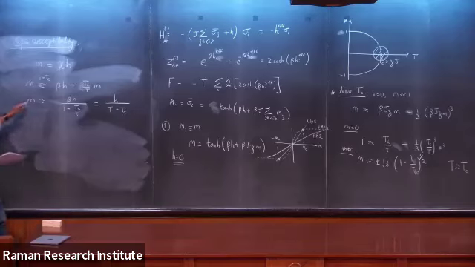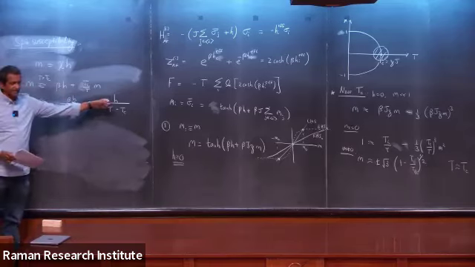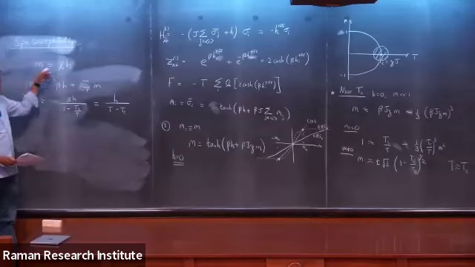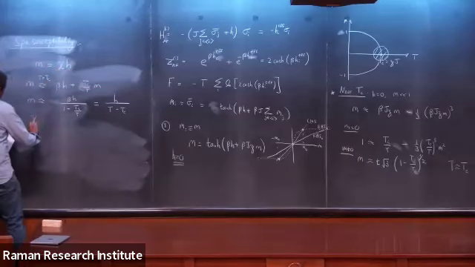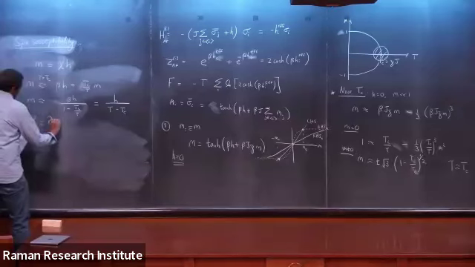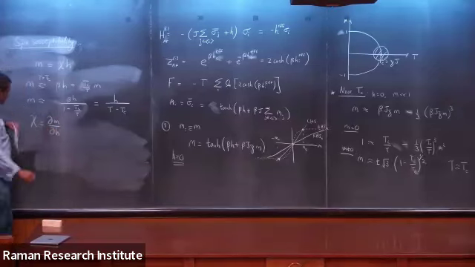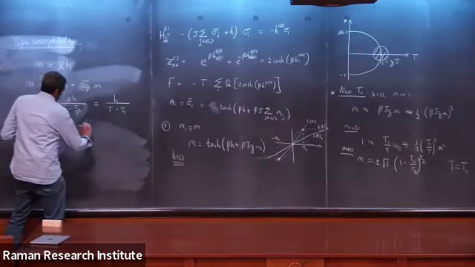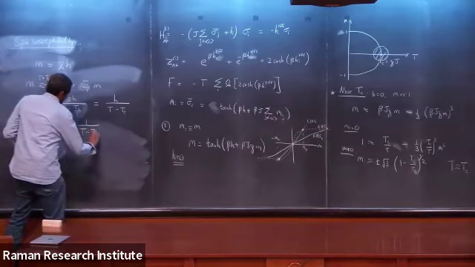Now you see that the response of the system is obtained by taking a derivative of this magnetization with respect to h, dm/dh. And this quantity is just 1 over T minus Tc.